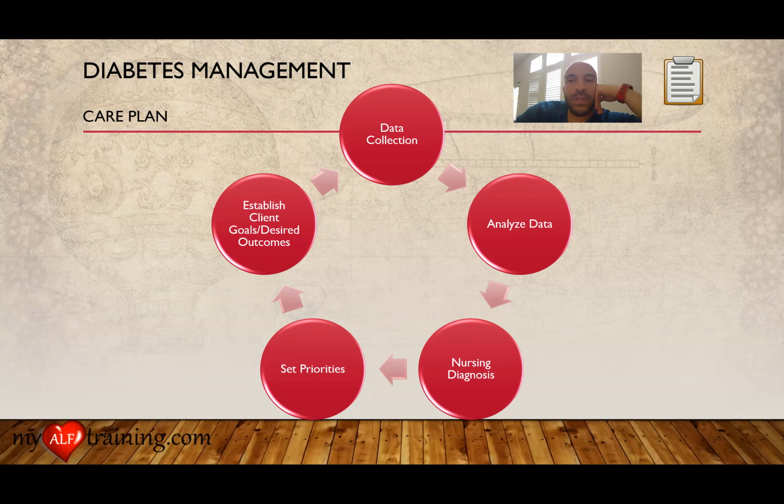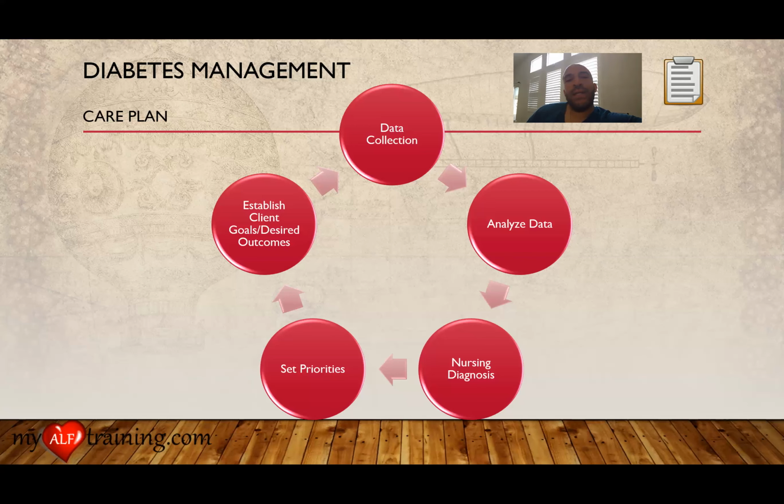The first step in developing a care plan is, of course, to collect data. So, what type of data will we be collecting? We'll be collecting data about the patient's nutrition, about their blood sugar trends, about any symptoms they may be experiencing. And then we want to analyze that data.